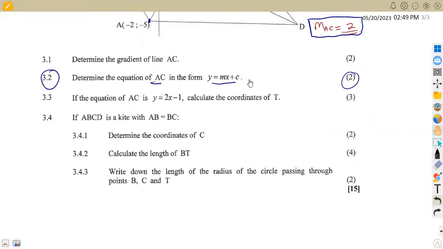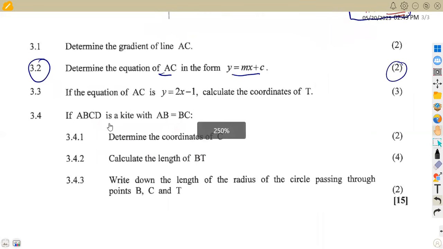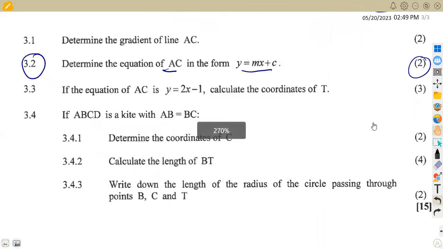We are now given the equation of AC. Take note, guys, what is happening here. You were asked to calculate the equation of AC, and now they are giving you the equation of AC as 2x minus 1, which is the one that we got.